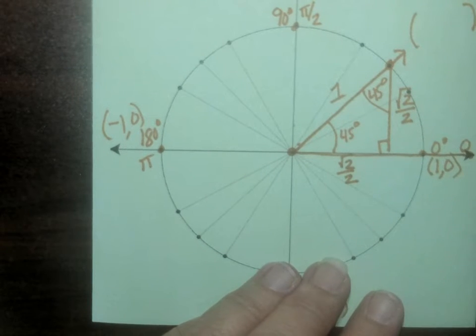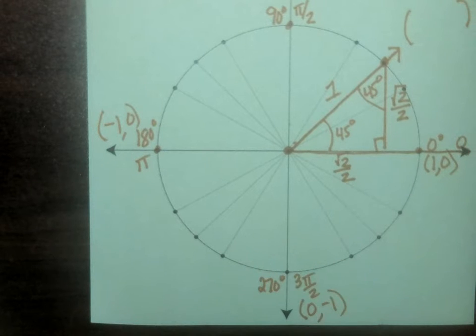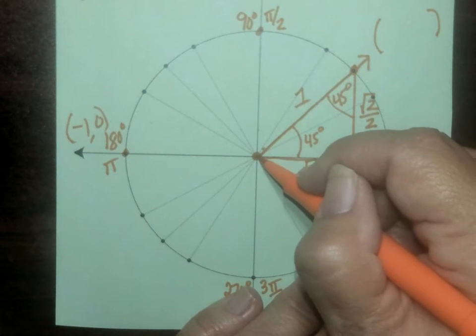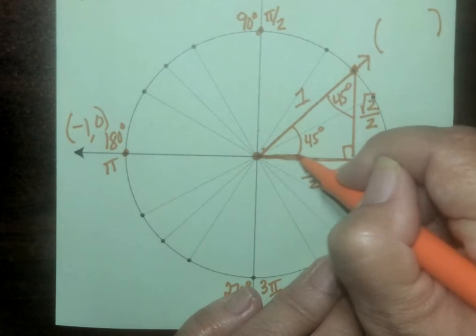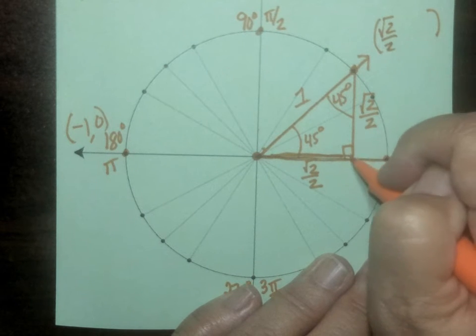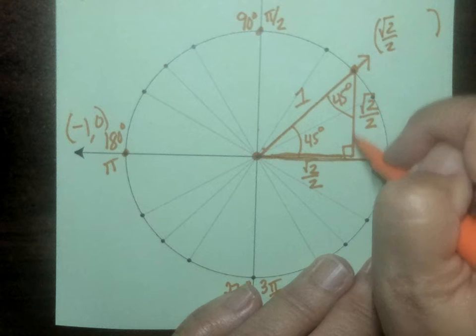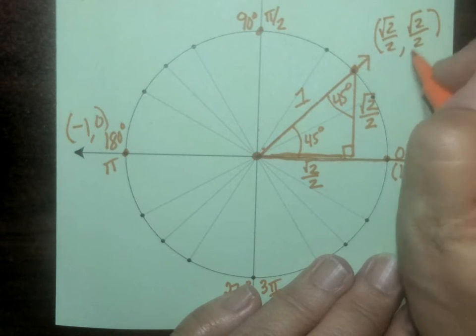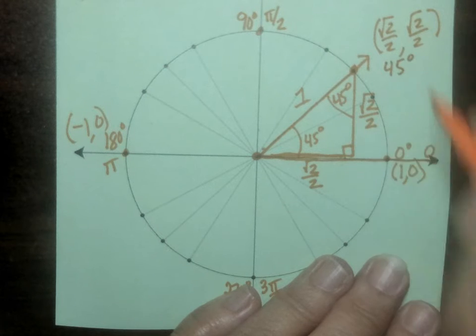The two legs in a 45, 45, 90 triangle are congruent. So our ordered pair, our x value is this length here, square root of 2 over 2, and our y value is this length, and that's also square root of 2 over 2. And we're at 45 degrees.